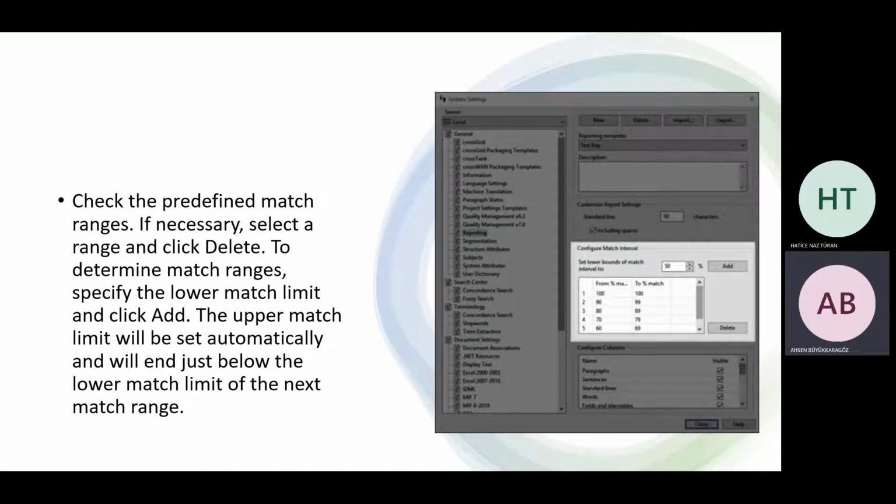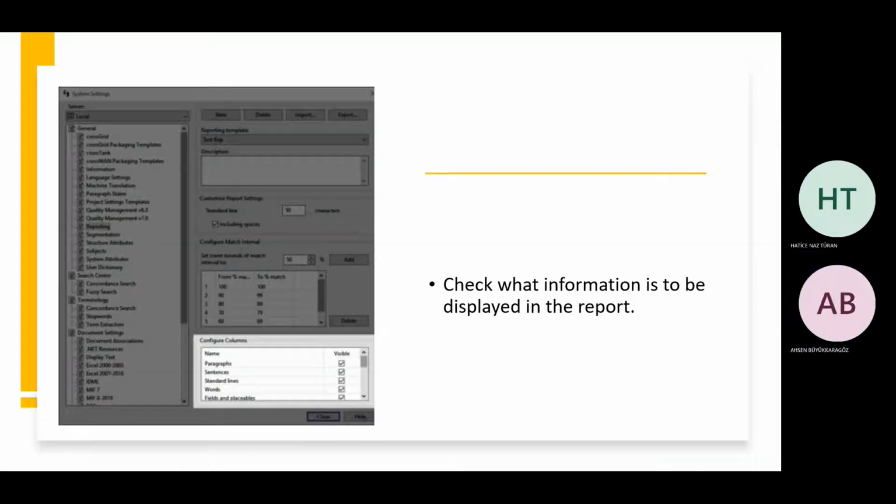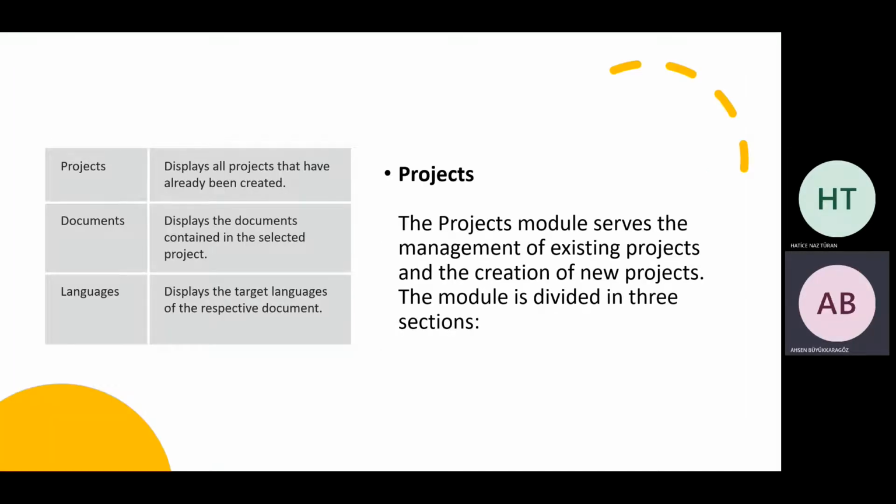Check the predefined match ranges. If necessary, select a range and click Delete. To determine match ranges, specify the lower match limit and click Add. The upper match limit will be set automatically and will adjust below the lower match limit of the next match range. Then check what information is to be displayed in the report. That's it.